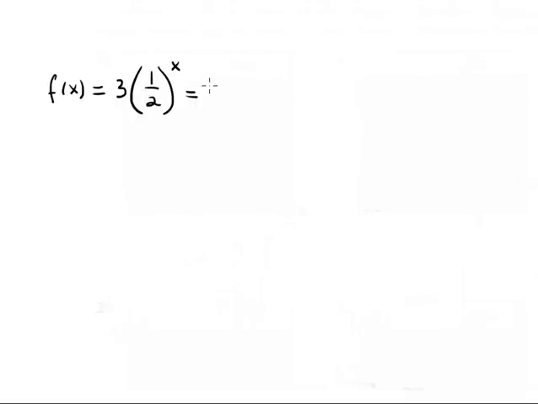Another way to analyze it is to write it like this: 3 times 2 raised to the negative x. It's the same thing because 1/2 is equivalent to 2 to the negative 1, and multiplying, the exponent is negative x.